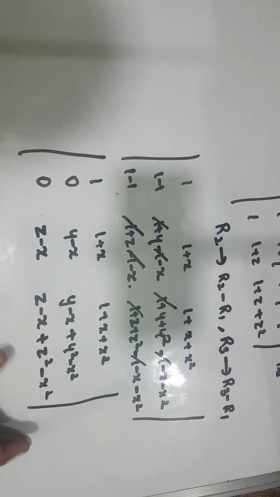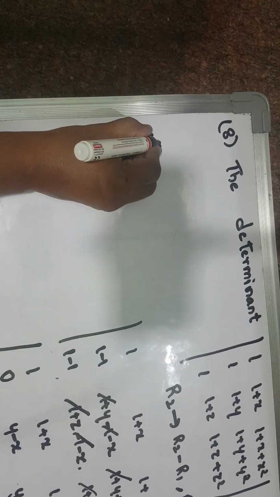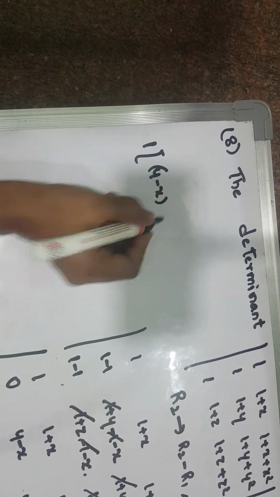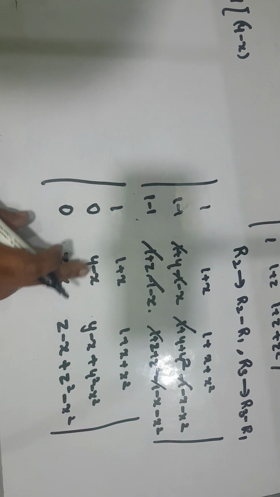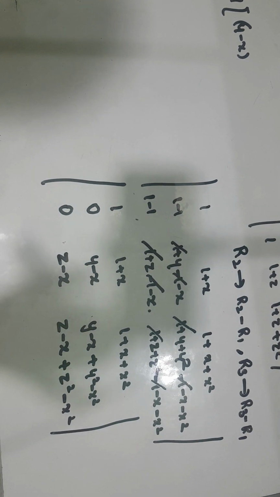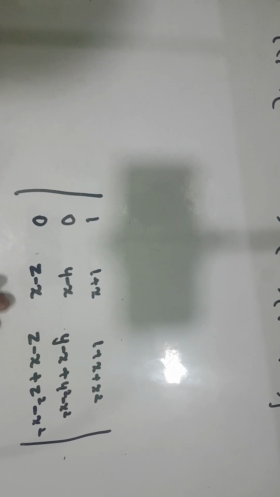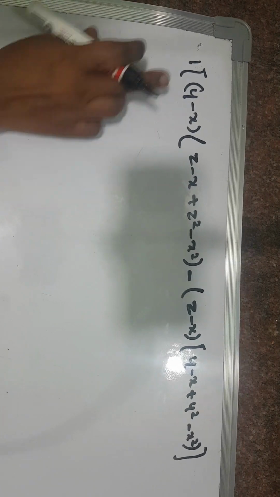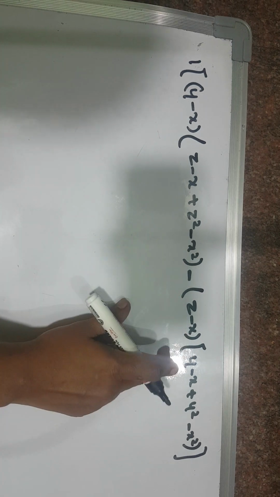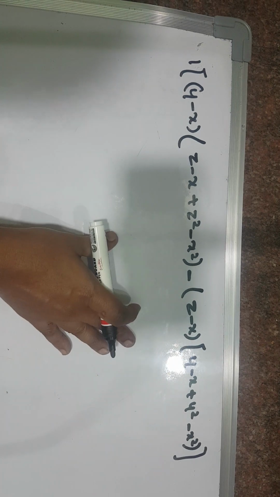Now taking the determinant, 1 into y minus x, z minus x plus z square minus x square, minus z minus x, y minus x plus y square minus x square.